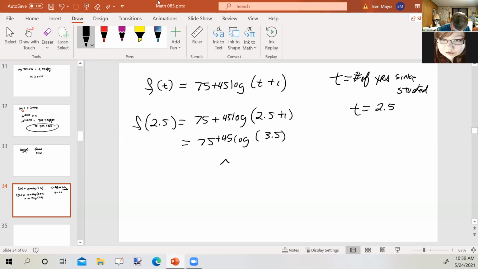All right, now we get 99.483062. So rounding to the nearest whole sunfish, we would say about 99 sunfish.